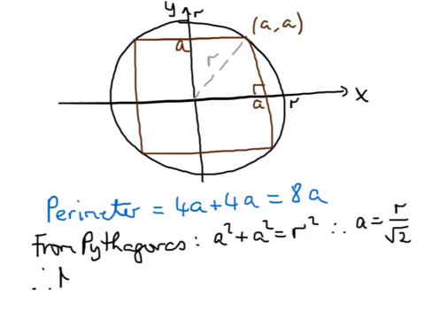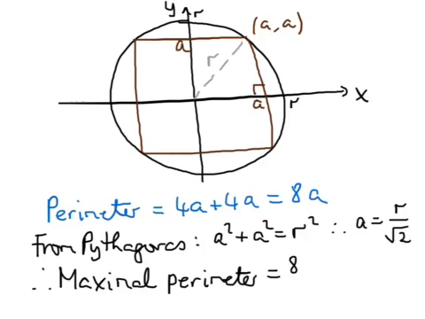So therefore the maximal perimeter of a rectangle inscribed in a circle is the perimeter of this square. It is 8 times a. A we have seen is r divided by the square root of 2.